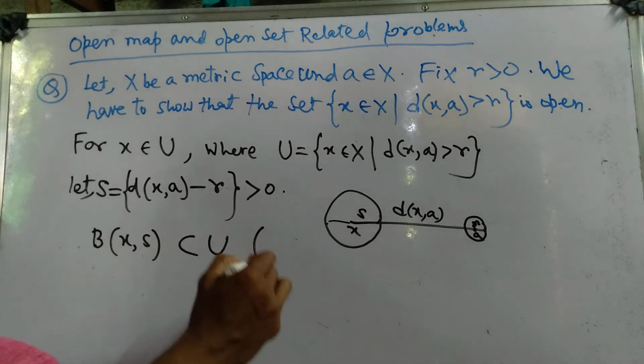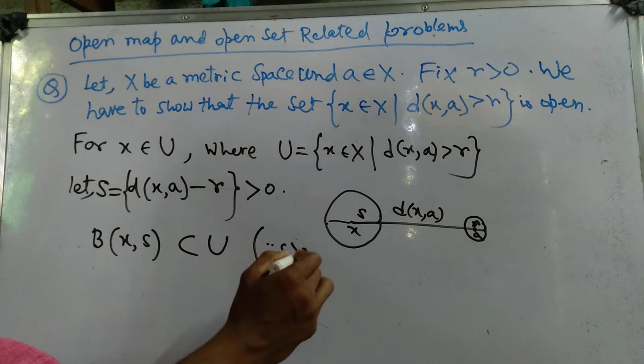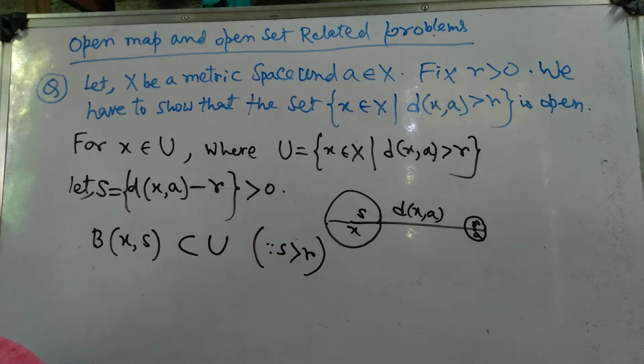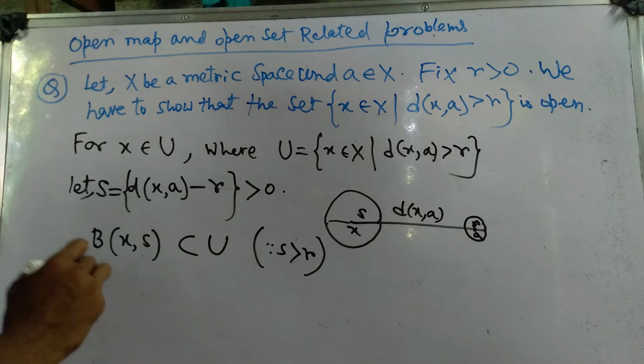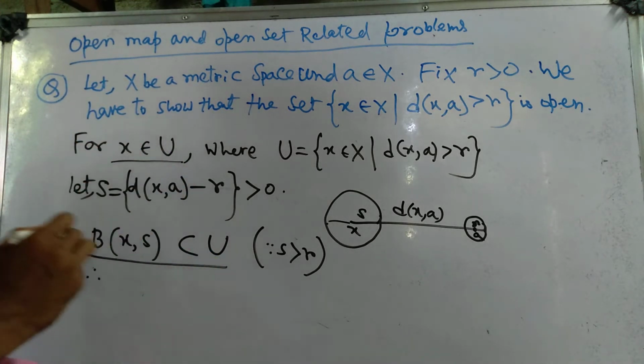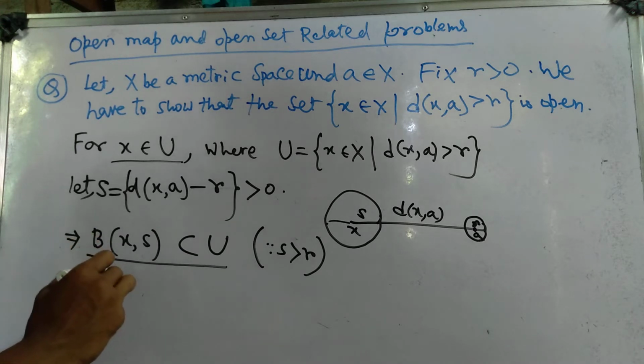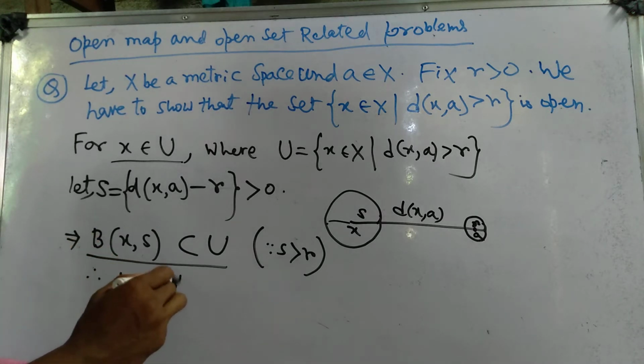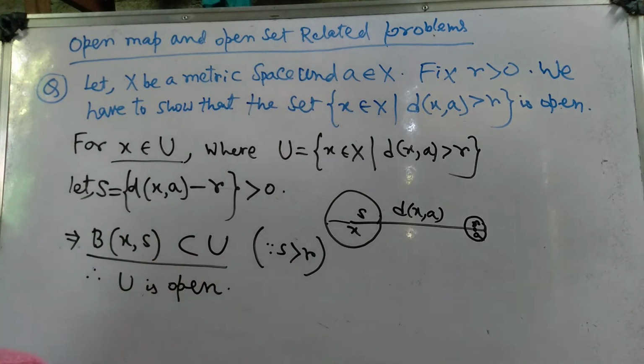For this reason B(x,s) is a subset of U. Since x belongs to U and B(x,s) is a subset of U, U is open.